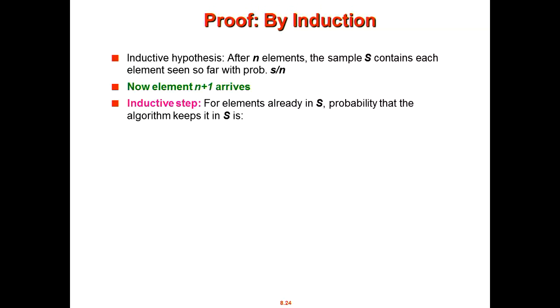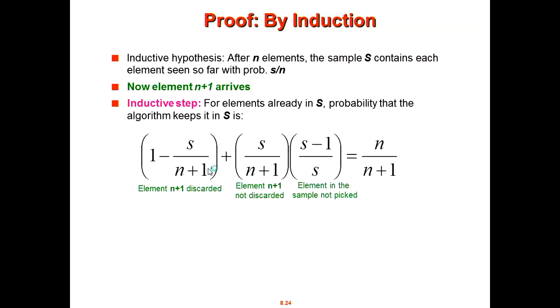And now we get the new element n plus 1. The inductive step is that for each element already in S, the probability that the algorithm keeps it in S is a little bit complicated. So let's look at this equation step by step. For elements already in S, the probability that the algorithm keeps this element in S is like this. You still need to think about the algorithm, okay?